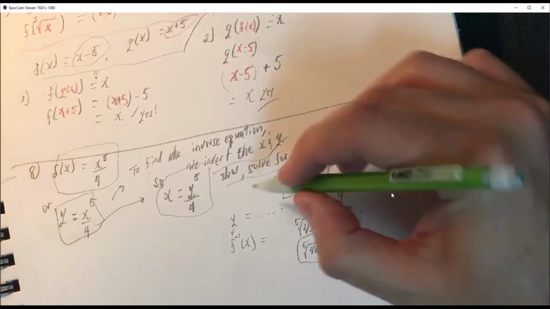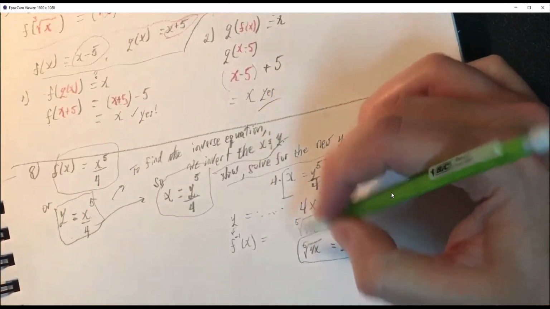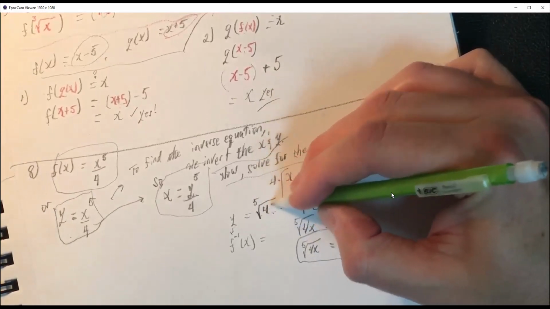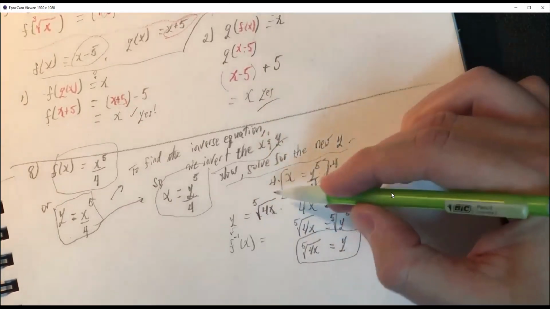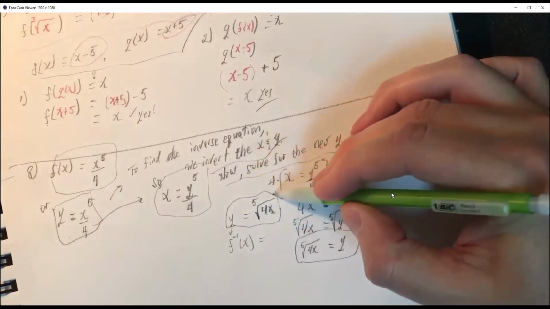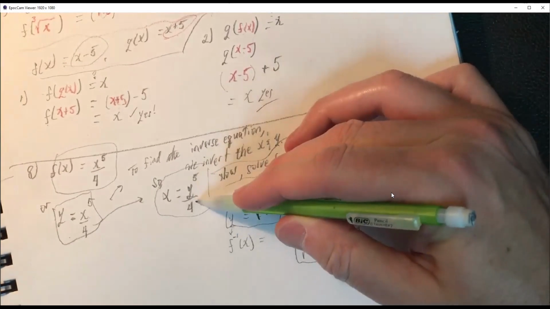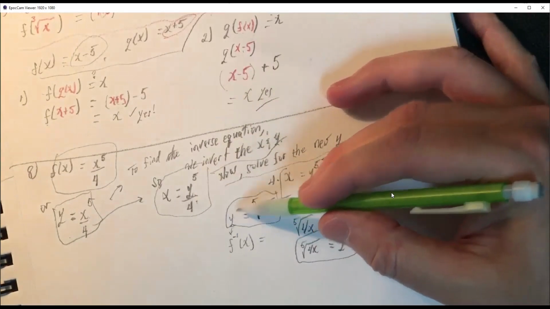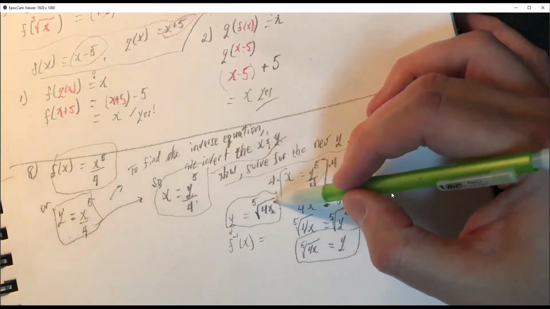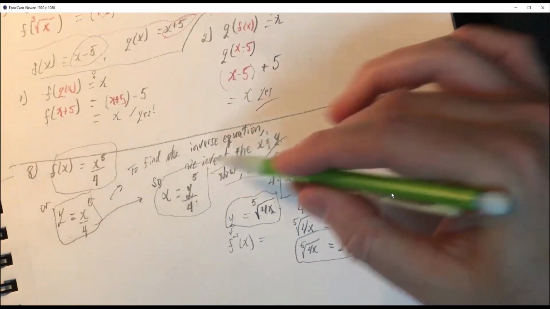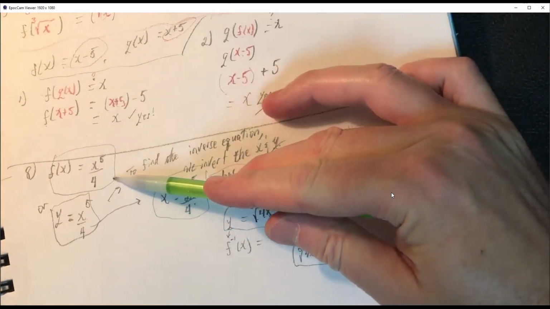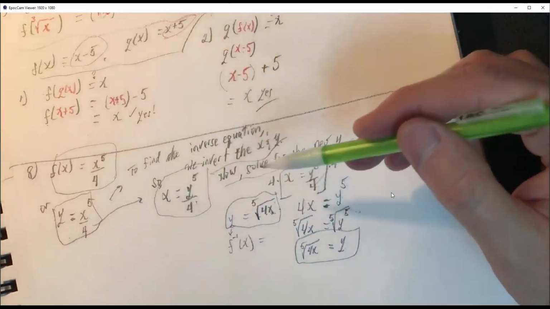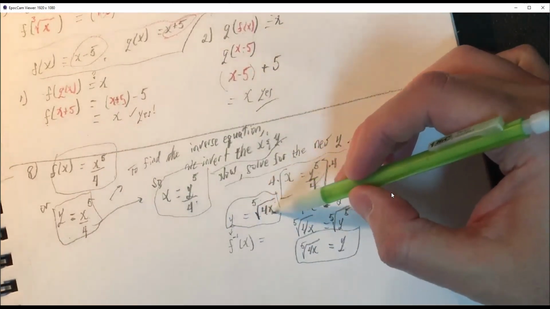So we can write y in the front, and y equals the fifth root of 4x. This is perfectly correct, just as this was perfectly correct. Realizing now this is the name of the inverse equation, the inverse of x to the fifth over 4 is the fifth root of 4x.